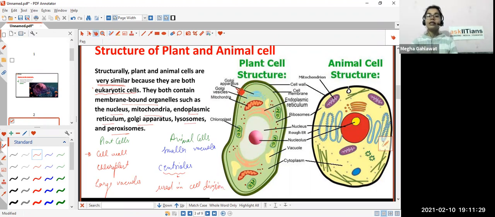We will be discussing the organelles which are different in these two cells, because the similar organelles, such as the mitochondria, Golgi apparatus, endoplasmic reticulum and lysosomes, we have already discussed in detail in previous sessions, along with their structure and other characteristics. So you see, we have the cell wall in the plant cell, which is absent in the animal cell.